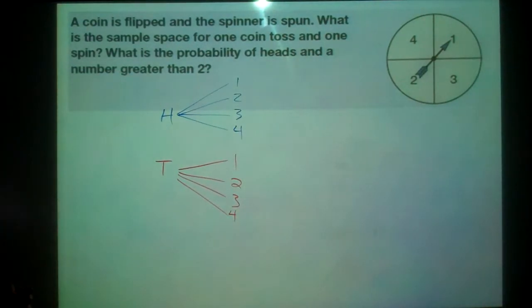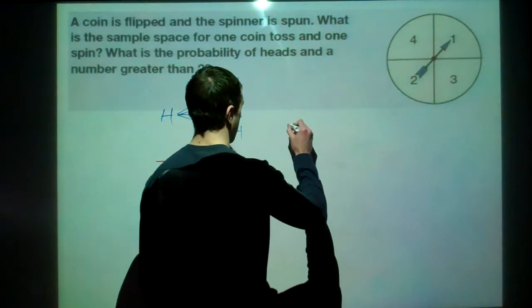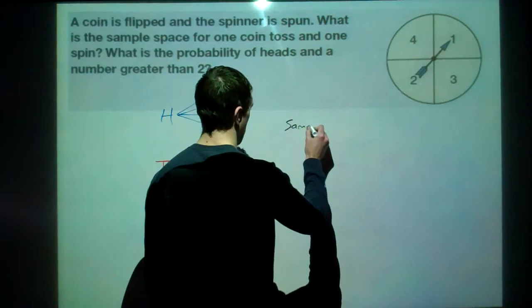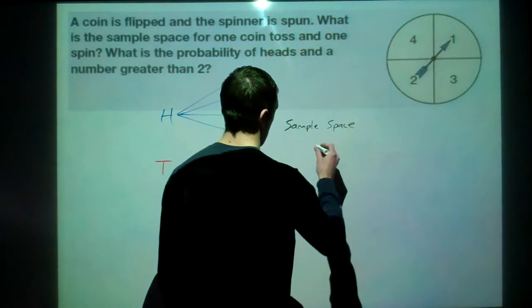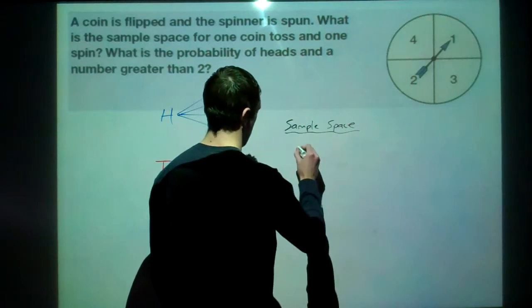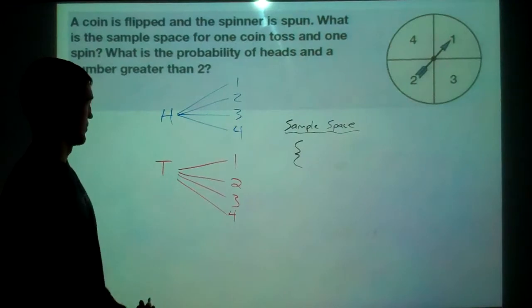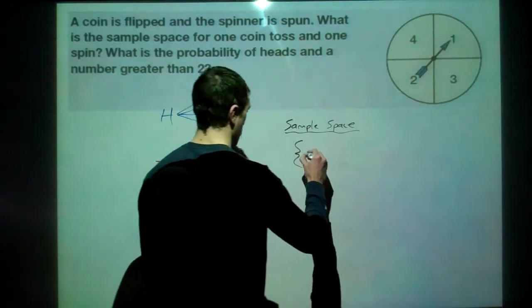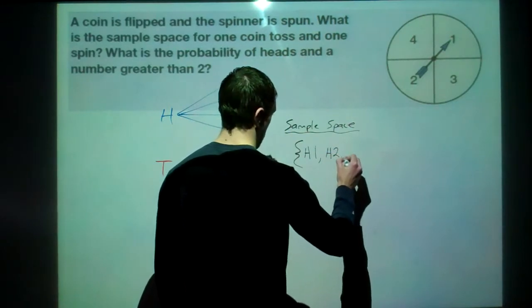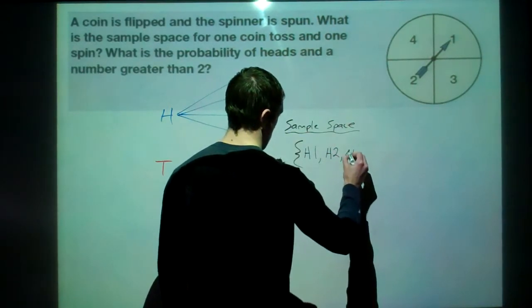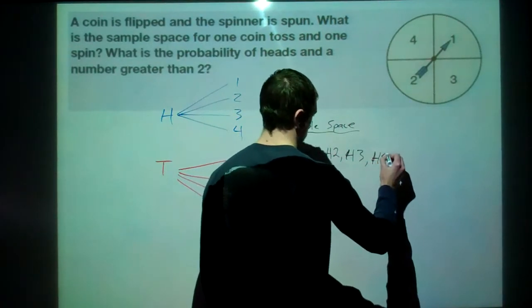So if I were to list out our outcomes in our sample space, now I'm going to use the abbreviations here. Heads 1, heads 2, H1, H2, H3, H4.